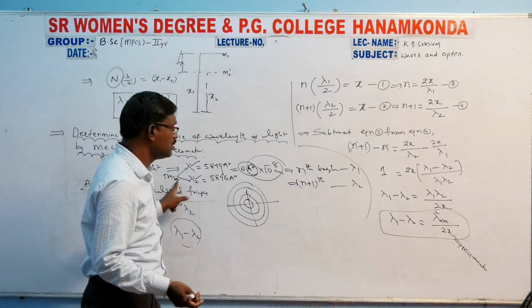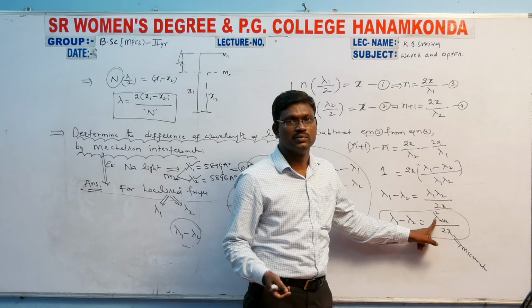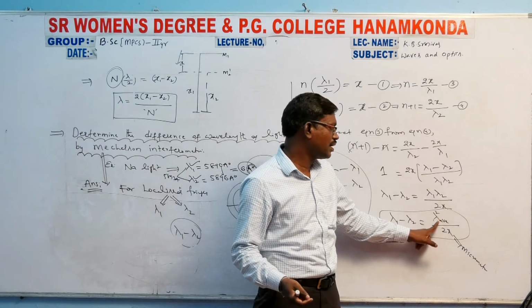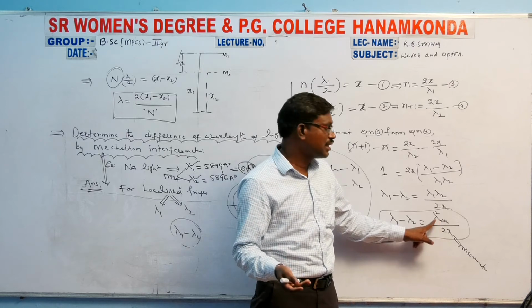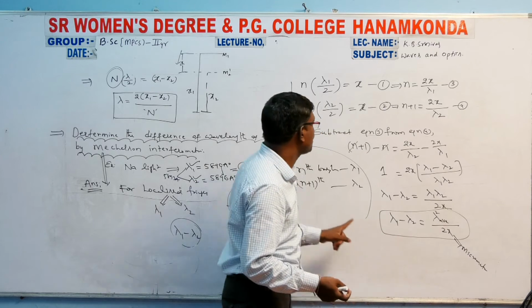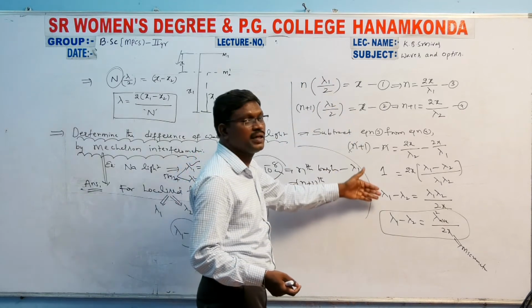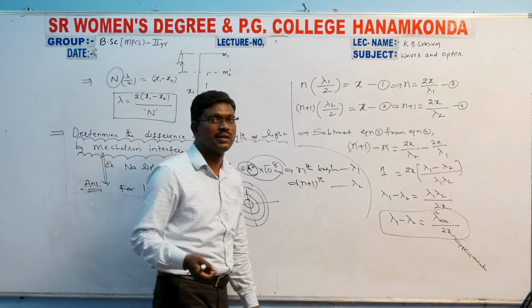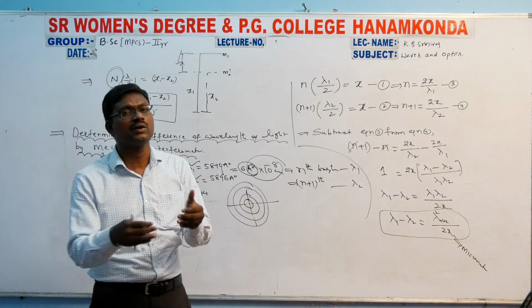So you have to know the average value. If you know the exact value of the wavelength of the given light, you can calculate the difference in the wavelengths of the given light. Simply by calculating these equations, finally you can calculate the difference between the two wavelengths which are very close to each other.